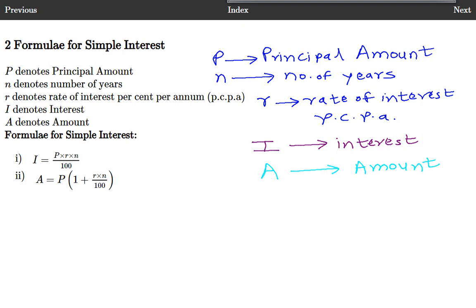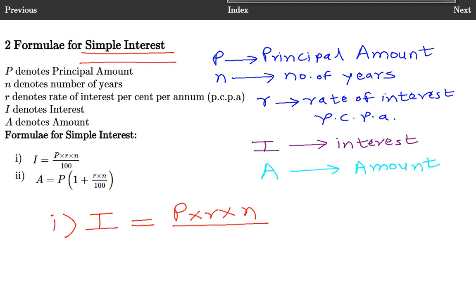Now we will see two formulae. There are only two formulae for simple interest. So the first formula is I is equal to P into R into N upon 100. So simple interest is obtained by dividing the product of principal amount, rate of interest and number of years by 100.